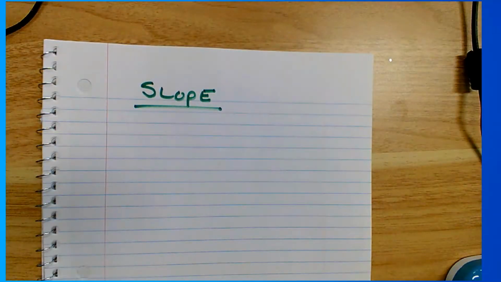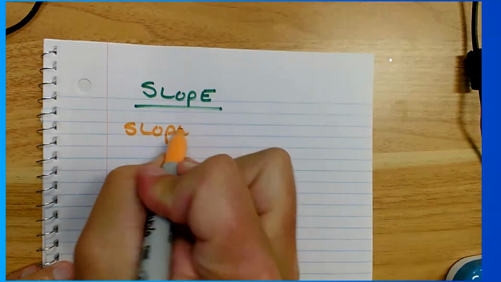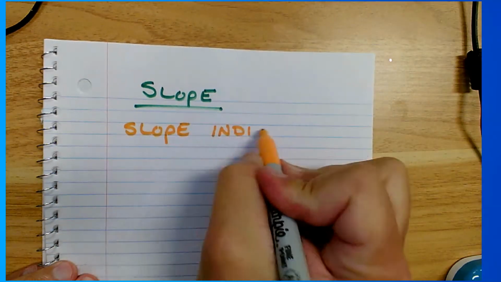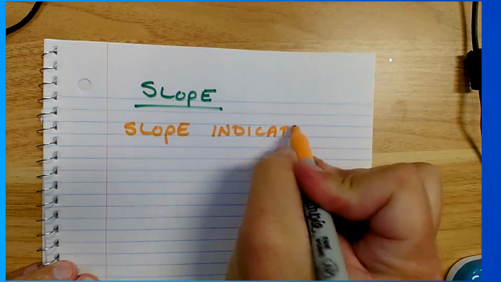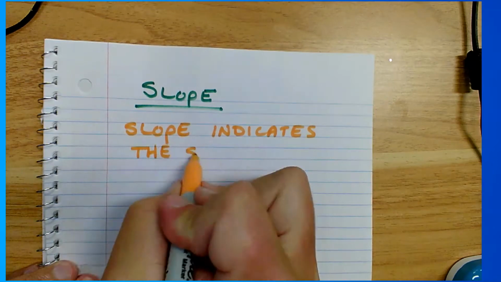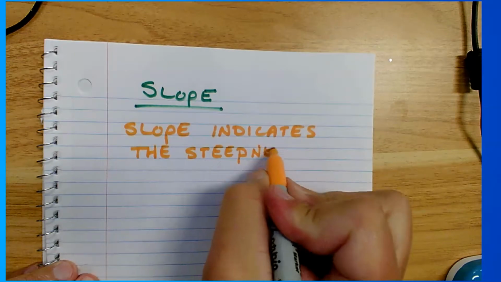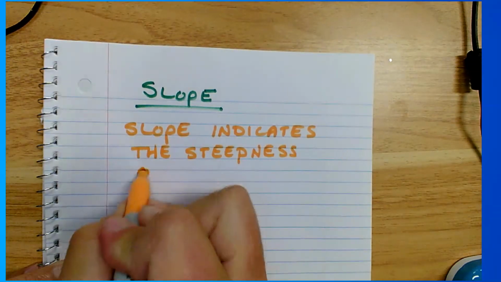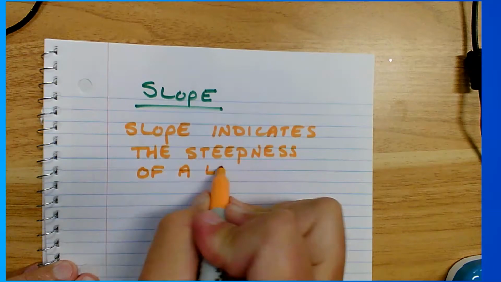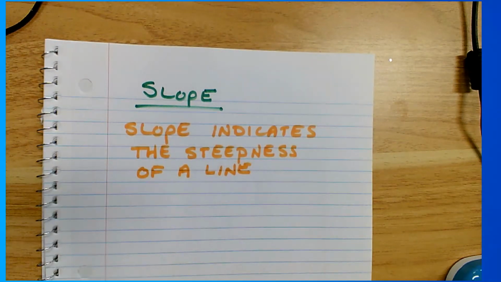Slope is how we measure the steepness of a line. Slope indicates the steepness of a line.